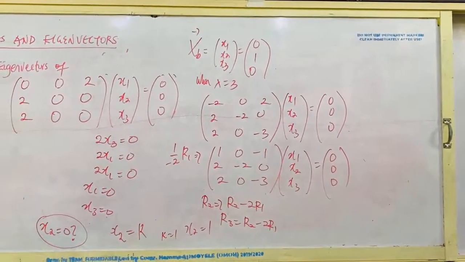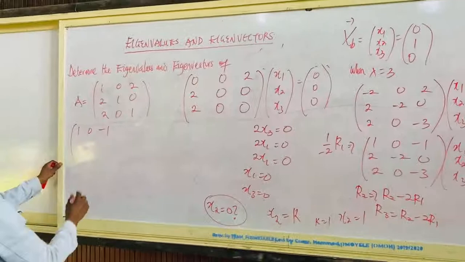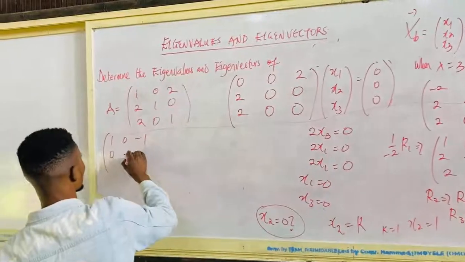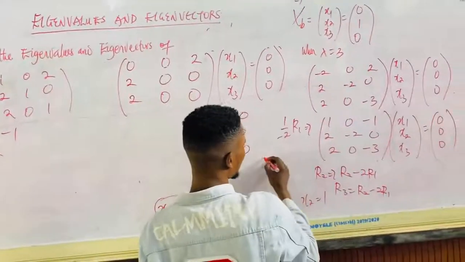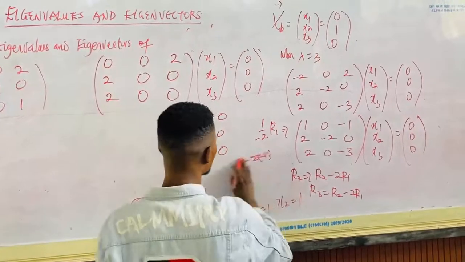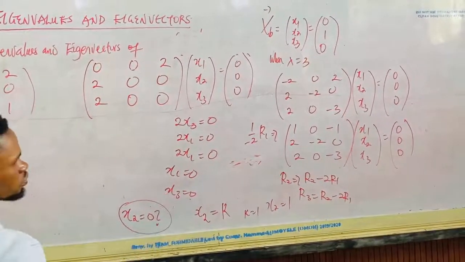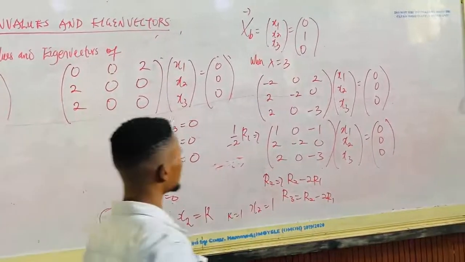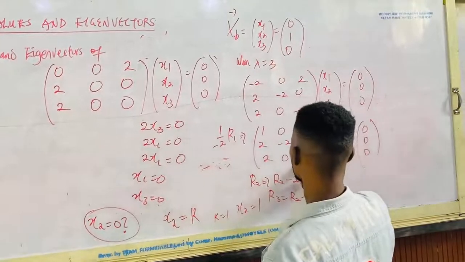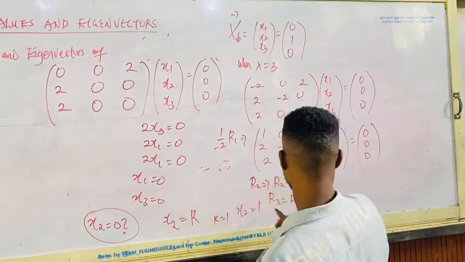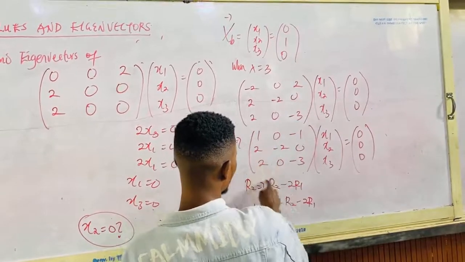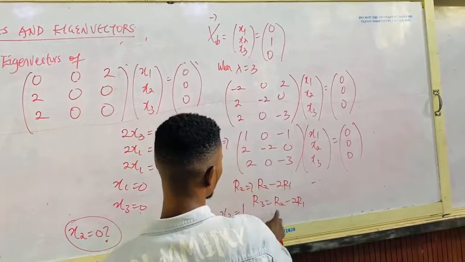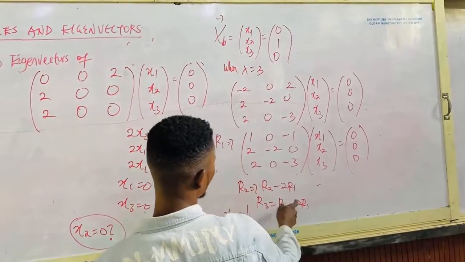So that gives 1, 0, minus 1, then 2 minus 2 times 1 is 0, minus 2 minus 2 times minus 1 is 0, and 0 minus 2 times minus 1 is 2.